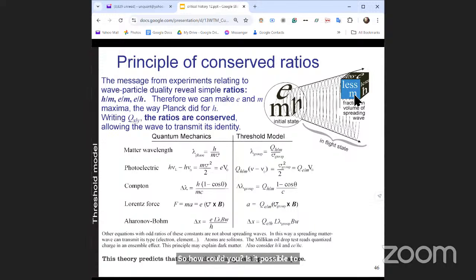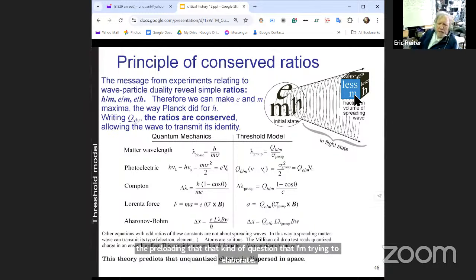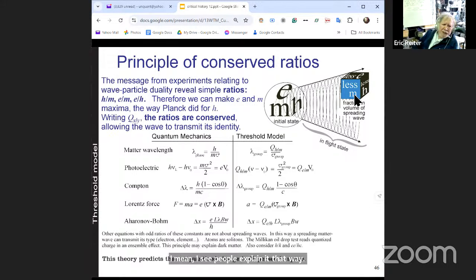That's the kind of question that I'm trying to elaborate. Well, I don't know of an entanglement done that way. I see people explain it that way, but I've never seen it done. So I ask to go back to real experiments and not thought experiments to start with.